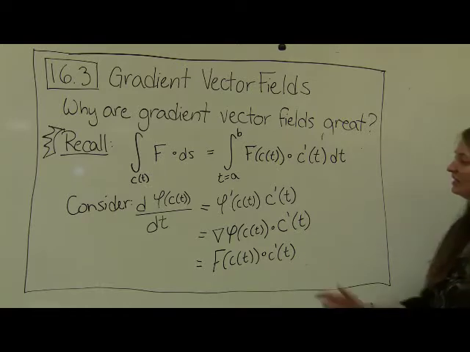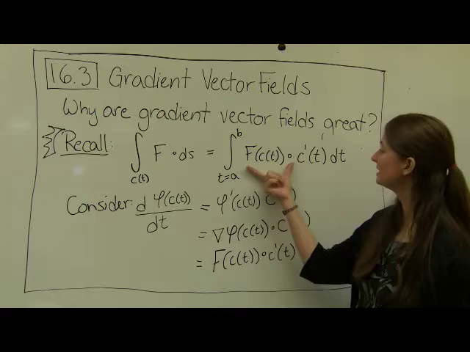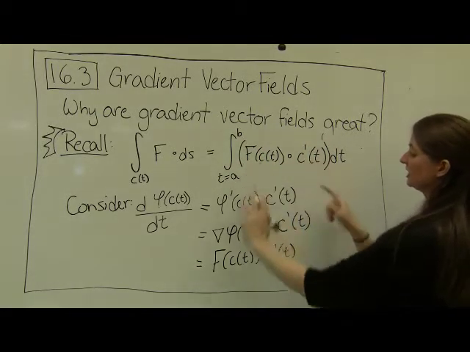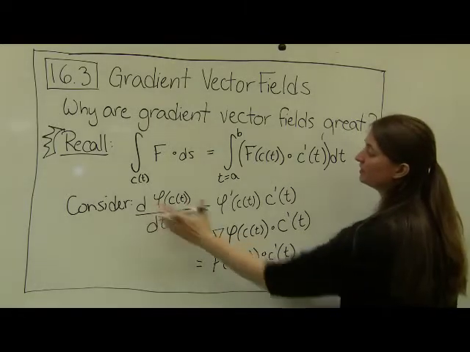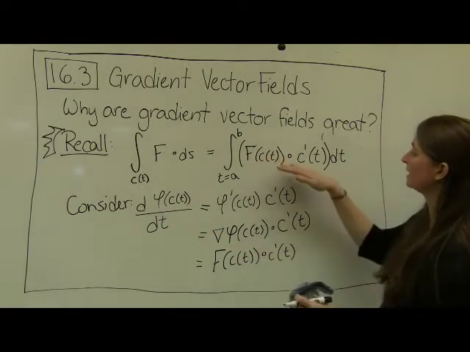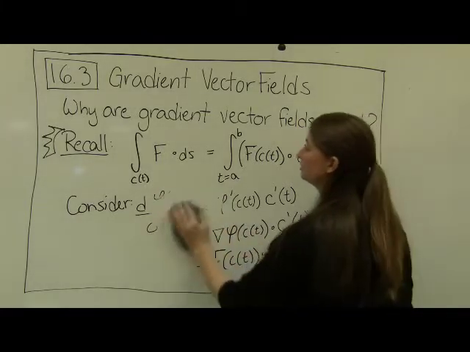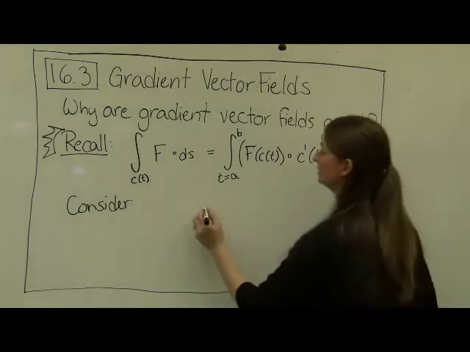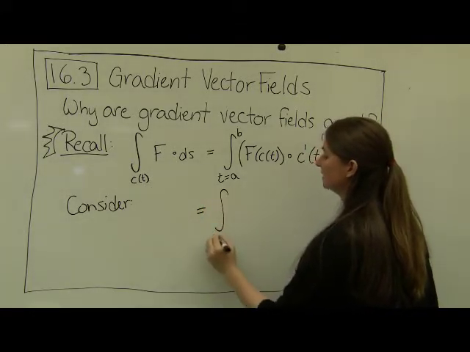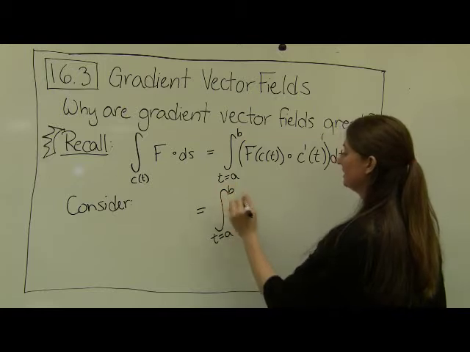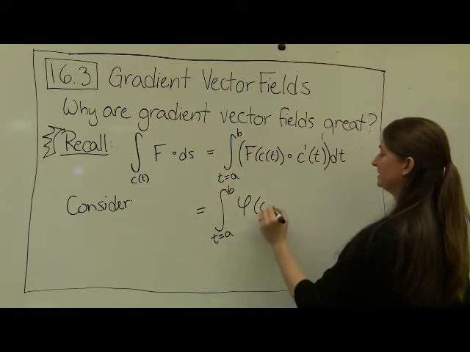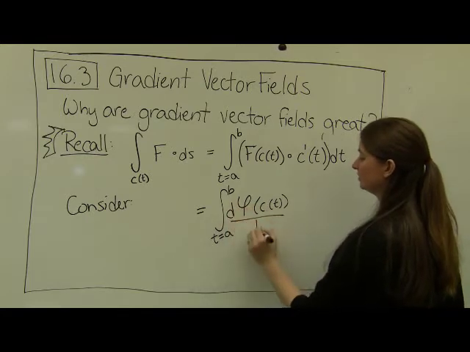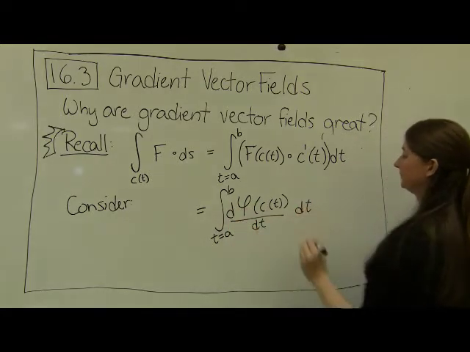So what did this just show us? This just showed us that I can think of this interior chunk of the integral, by definition, as being exactly equal to the derivative of my potential function, which means that I can rewrite this integral to instead be the integral as t goes from a to b of the derivative of phi of c of t with respect to t, dt.